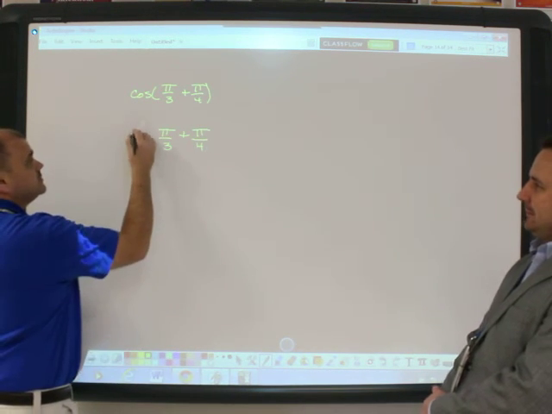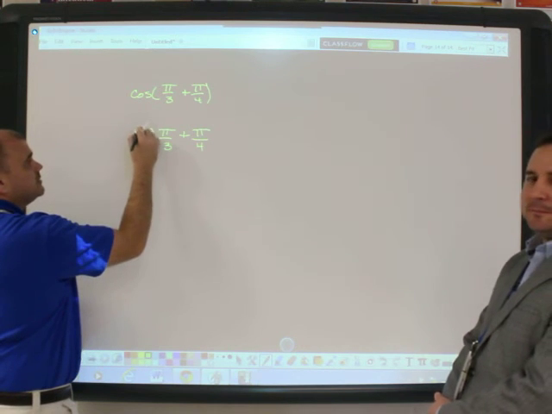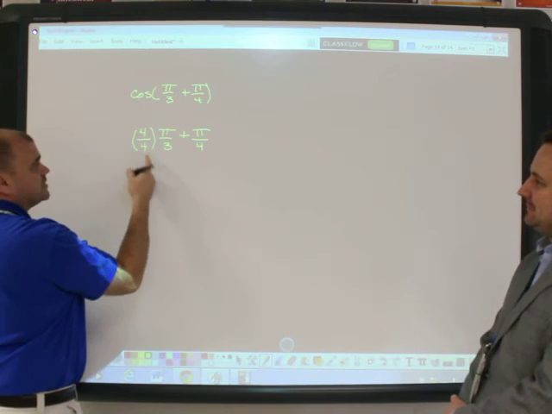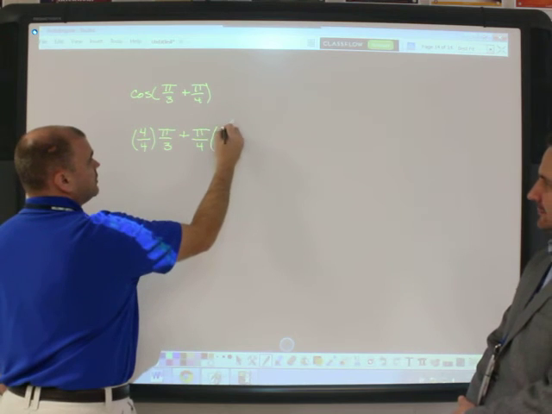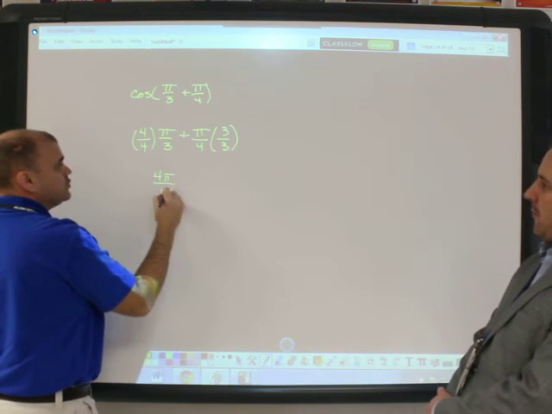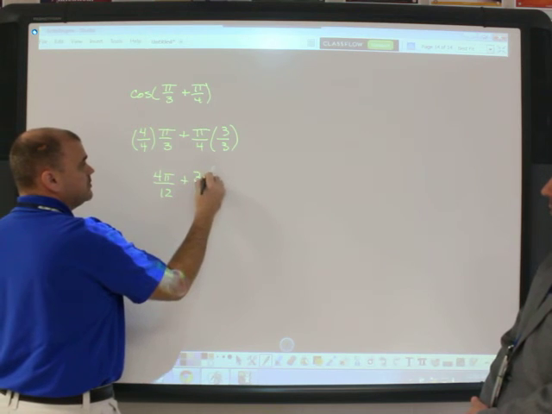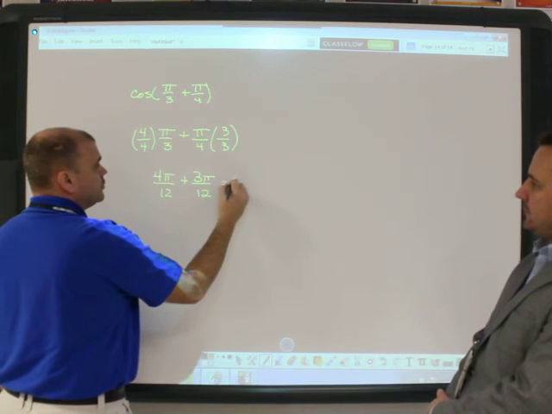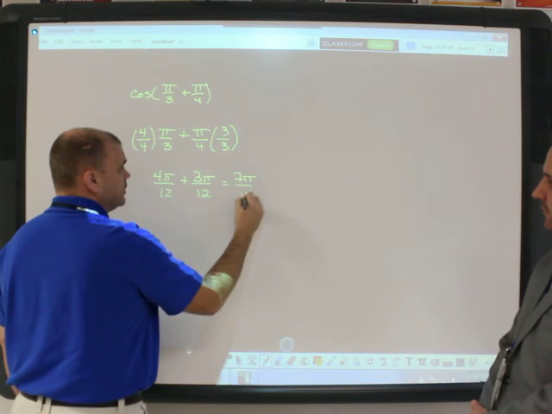I bet we can. So I'm going to multiply the left by 4 over 4 to get 12 as my common denominator, and the right by 3 over 3. That's 4 pi over 12 plus 3 pi over 12, which is 7 pi over 12.